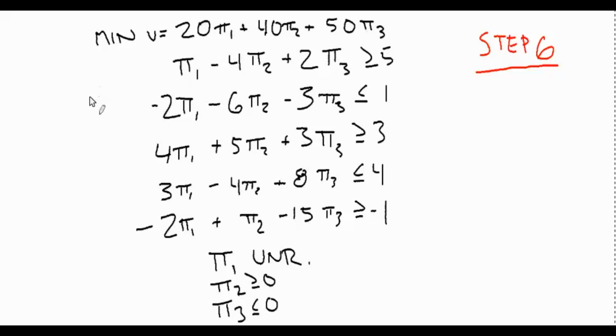If your primal is a max, your dual is a min. If your primal is a min, your dual is a max. Max goes to min, min goes to max. Our primal was a max, so our dual is a min. Check, that's okay.